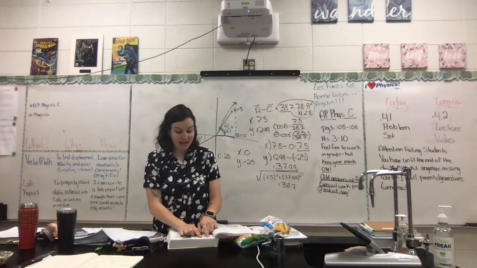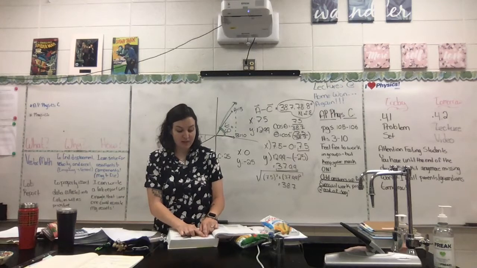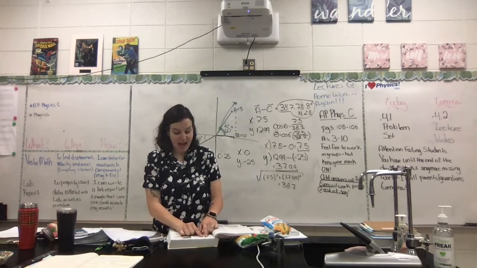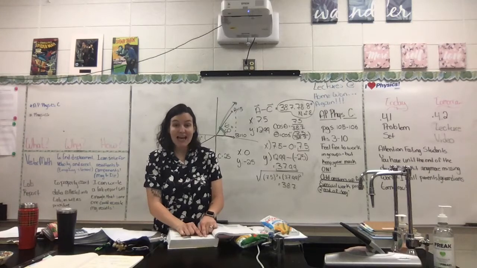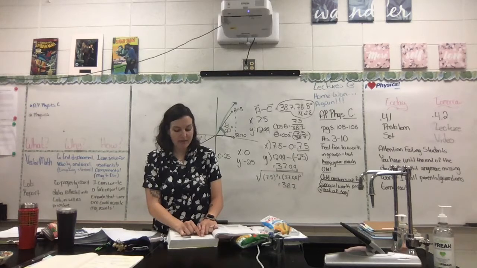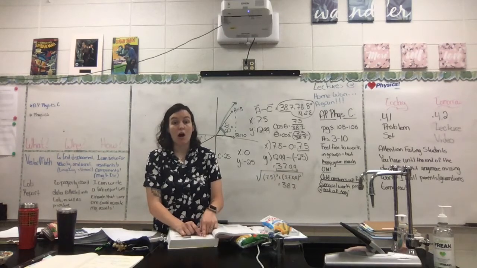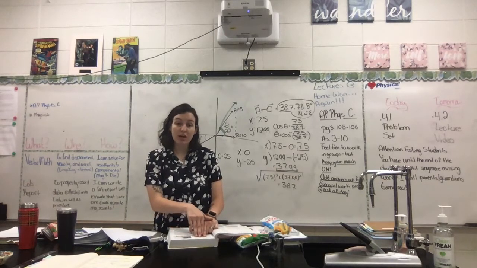A second vector, B, has a magnitude of 75 meters and points in a direction 50 degrees above the positive x-axis. Sketch the vectors A, B, and their displacement vector of C equals A plus B, and tell me what the magnitude and direction of C are, okay? That's what we'll start with in class tomorrow. Try it out on your own first.